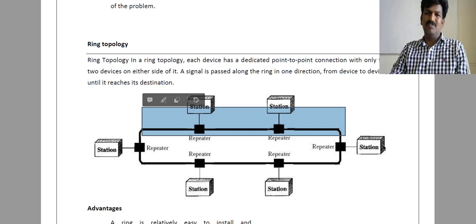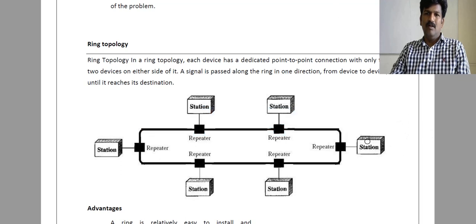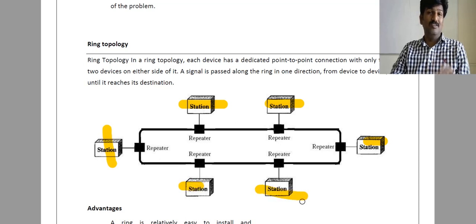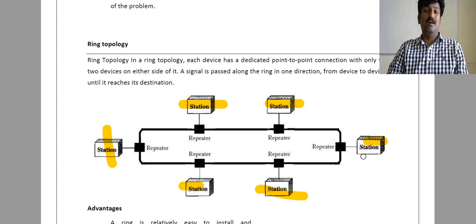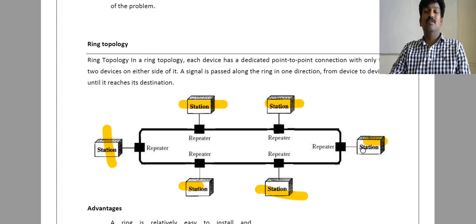Let me consider from this station to this and this to this. Don't think that once these two computers have a dedicated link we can have the communication directly, not like that. It should follow the one direction.